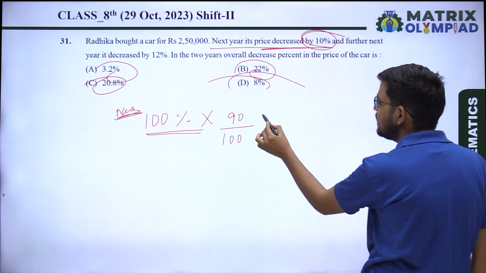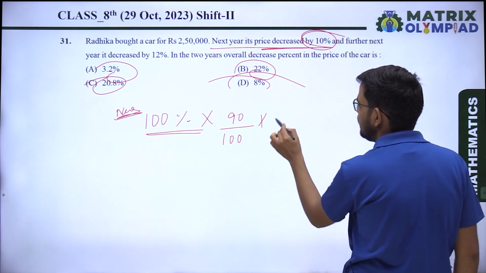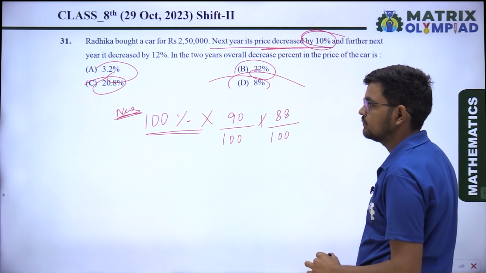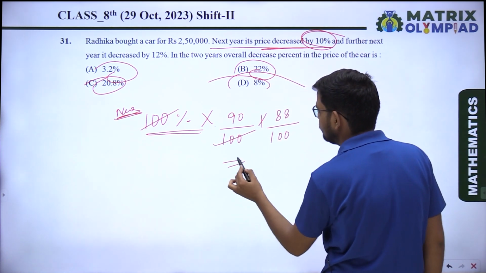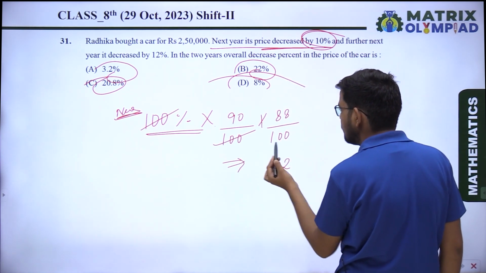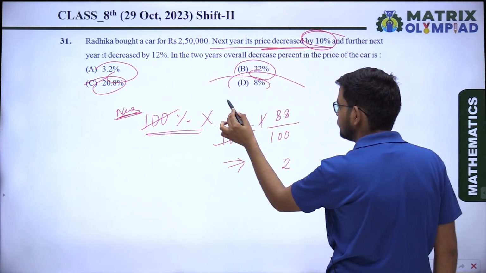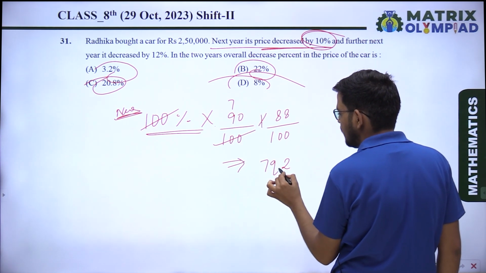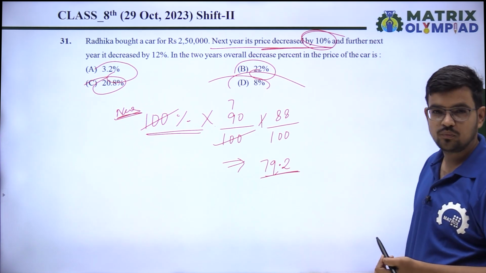Again it decreased by 12%, that is 88 upon 100. 100 and 100 cancel out. 8 nines are 72, 7, 79. So the price remaining is 79.2.